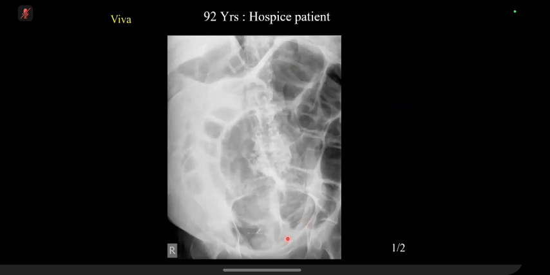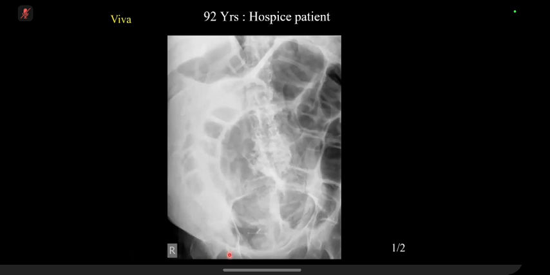Okay, so this is a frontal radiograph of the abdomen in a 92-year-old patient. There are multiple large dilated bowel loops with an abnormal position. There's a large tubular structure which projects to the left and lacks haustrations.